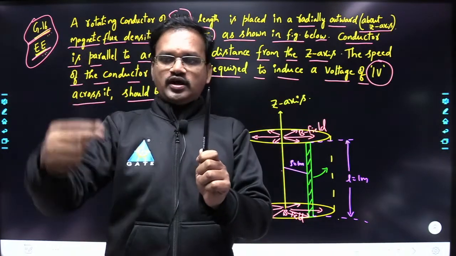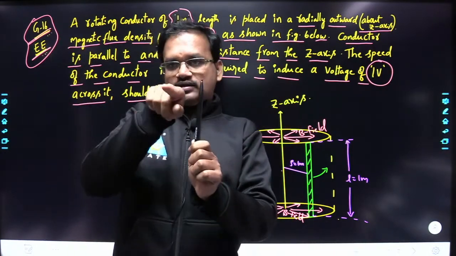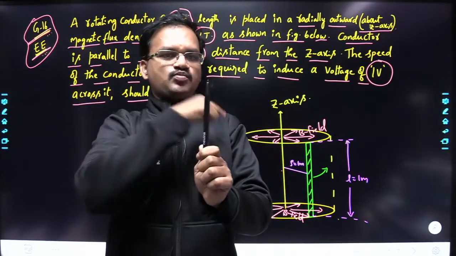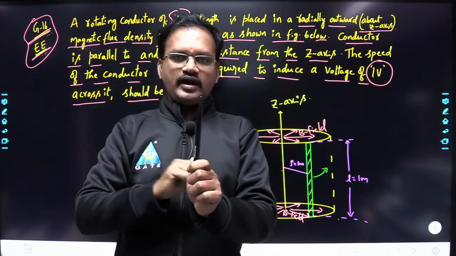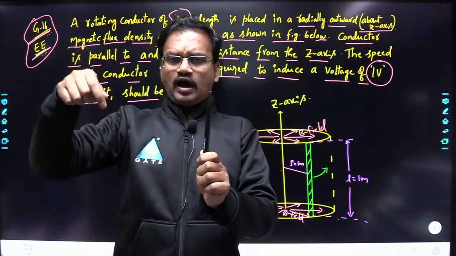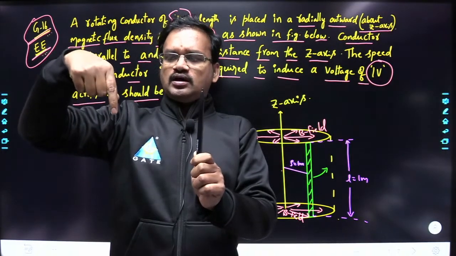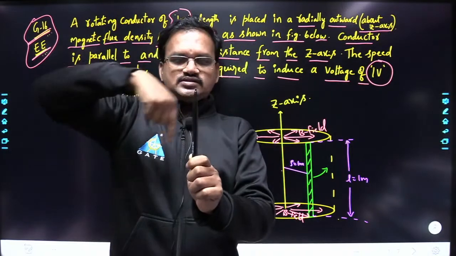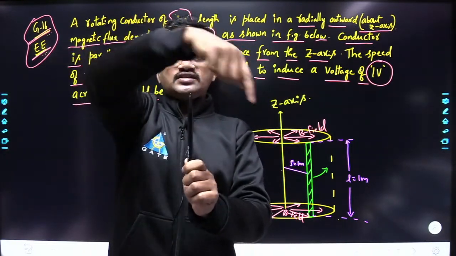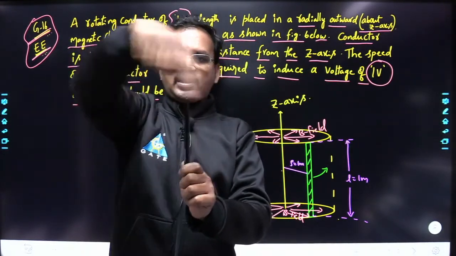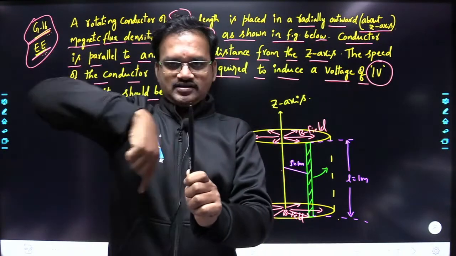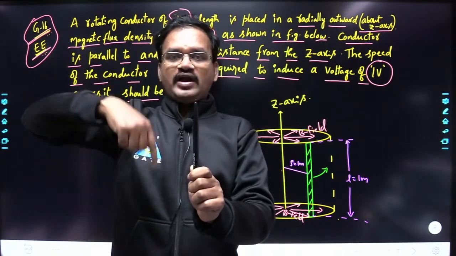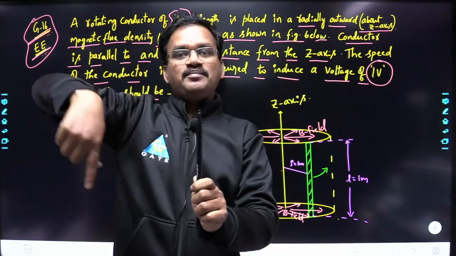So here you have a conducting bar and the B field is pointing radially outward. Now this conducting bar is revolving around the z-axis. We have seen that whenever a conducting bar moves in a magnetic field, the magnetic field and the velocity must be perpendicular to one another. Here the velocity of the conducting bar is in the phi cap direction, and the B field is in the rho cap direction.